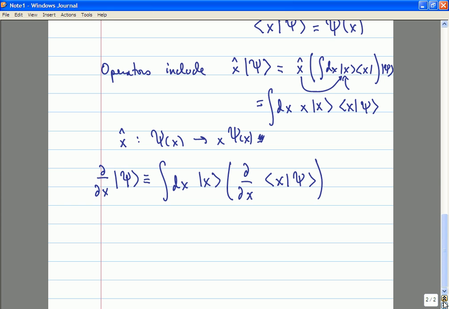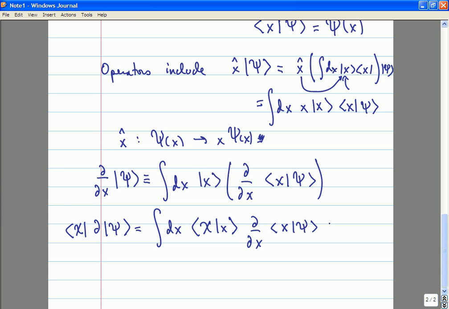Okay, so what sort of properties does this derivative operator obey? Well, let's look at this expression here. Let's take, for example, the inner product of some other state with the derivative operator acting on psi. So what is that? That's the integral dx of the wave function chi of x star times the derivative of psi of x.